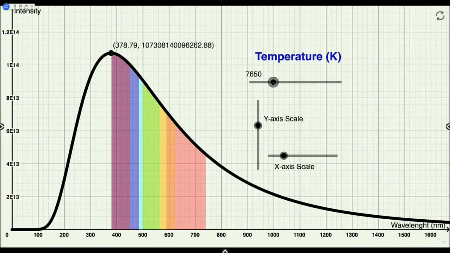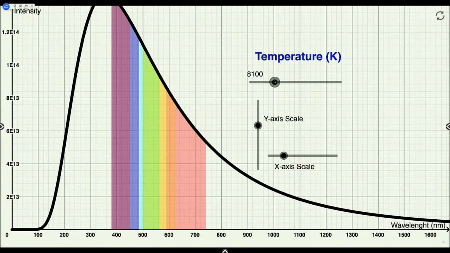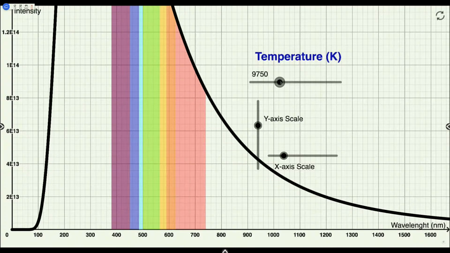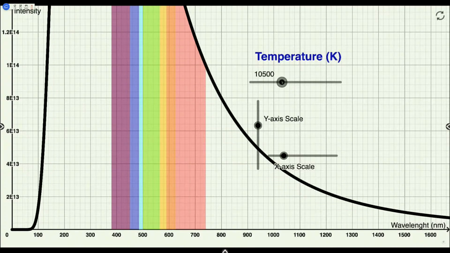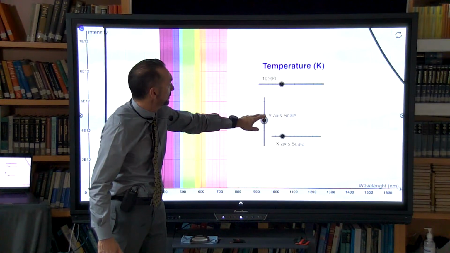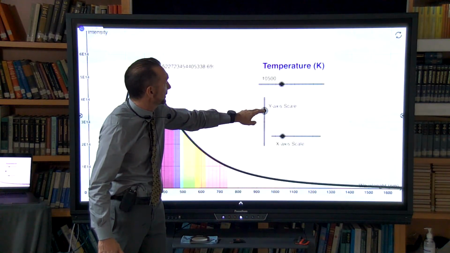And now we're at 7,000 degrees. When we get up here, 10,000 degrees-ish, that peak is going to go right out of the visible spectrum. I'll bring the y-axis down. Whoops. Down so you can see it.